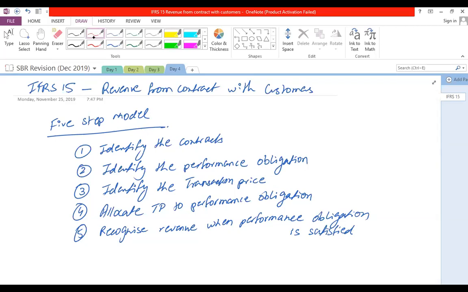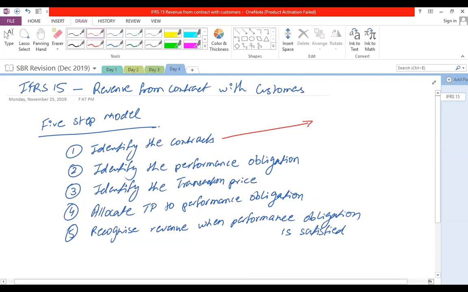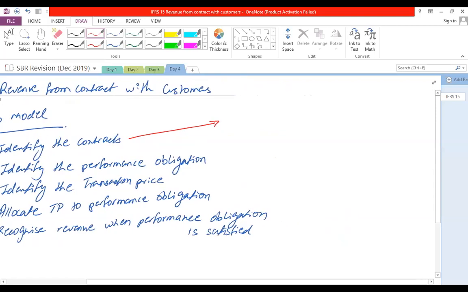Now, let's start discussing from the first point. When we say identify the contract, this means that we have to identify how many contracts we have signed with different customers. Normally IFRS 15 is applied on each contract.